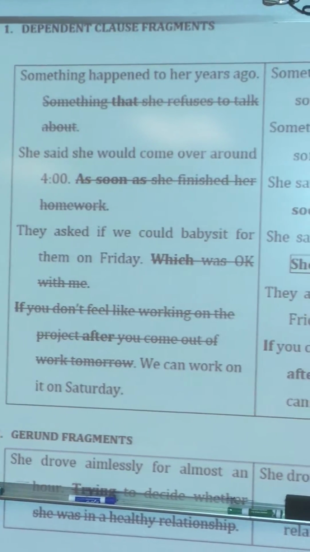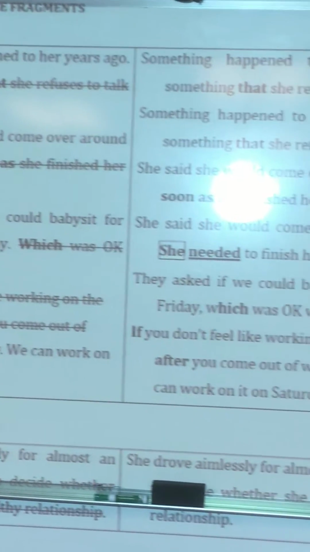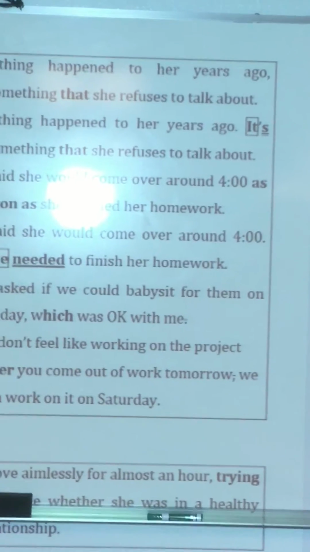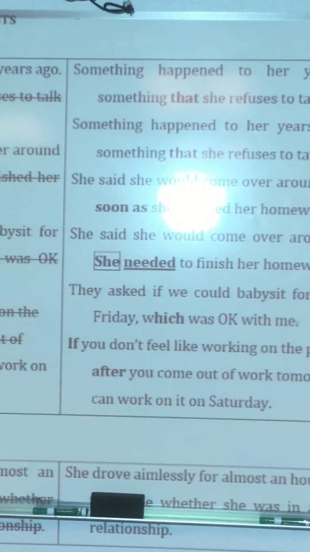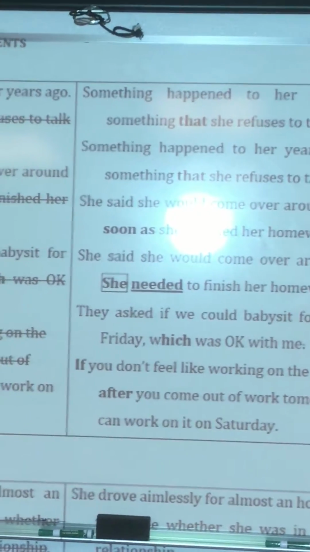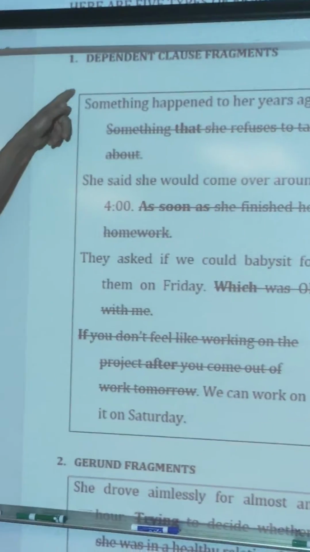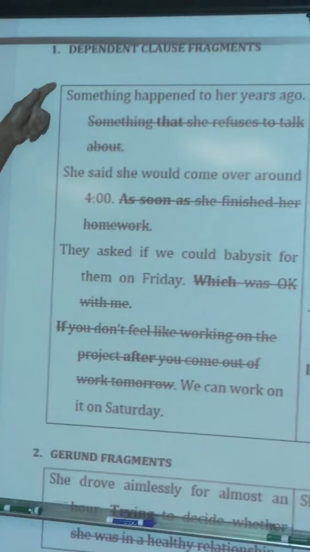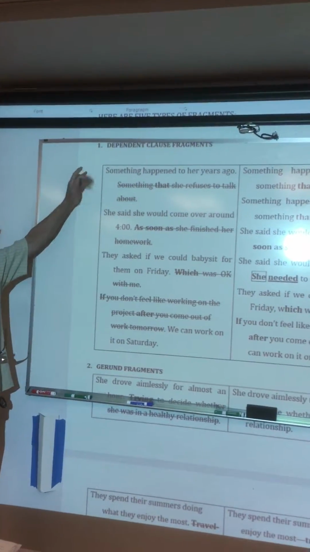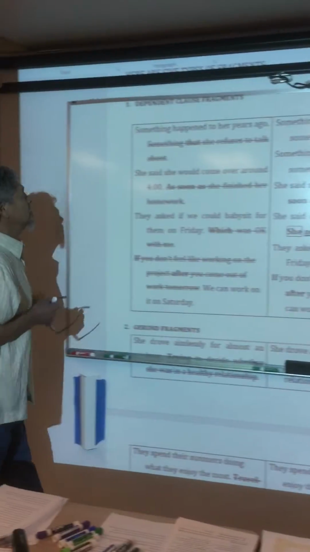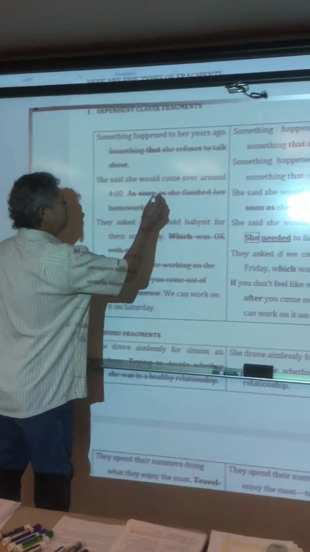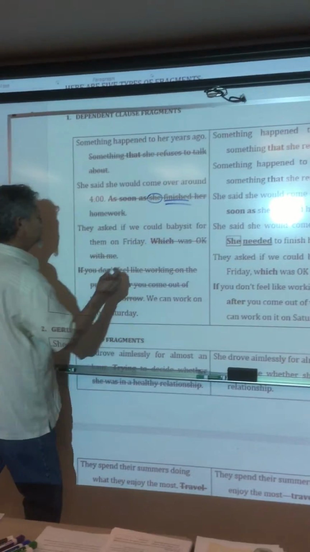If you don't feel like working on that project after you come out working tomorrow, we can work on it on Saturday. Very good. And these are what kind of fragments? Dependent clause fragments. All of them are clauses because all of them have subjects and verbs.